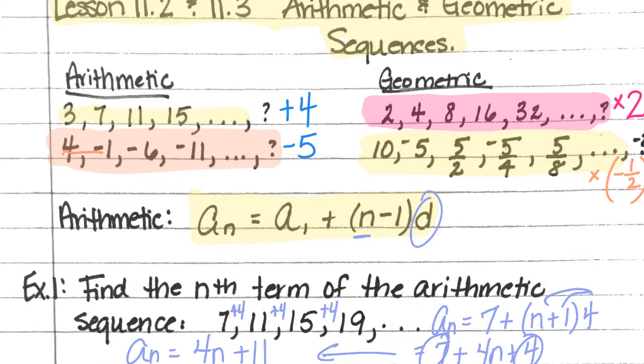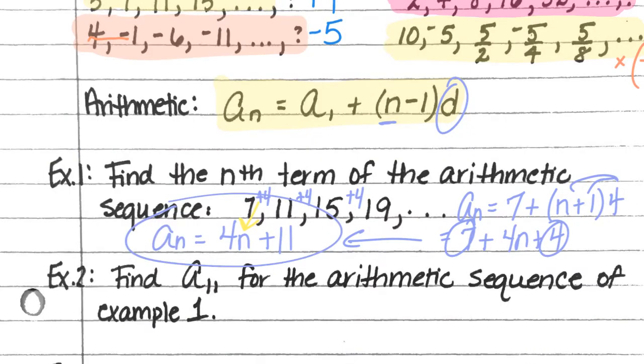Now this is great because they're going to sometimes say, hey, find the 25th term. So instead of putting an n, I can just put 25 in right there for n. Okay, so this is kind of an example of what you'll see. All right, so moving on, in example 2, let's find the 11th term, a sub 11.